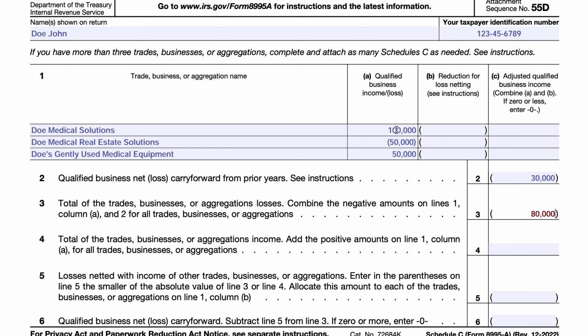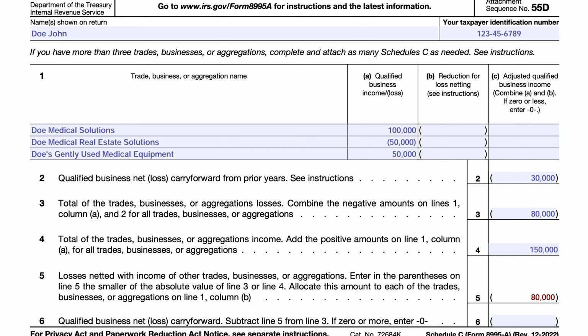So this is $100,000 plus $50,000, which makes $150,000. And now we're going to net our losses with the income of other trades, businesses, or aggregations. So in parentheses on line 5, we're going to enter the smaller of the absolute value of either line 3 or line 4. The smaller happens to be that.